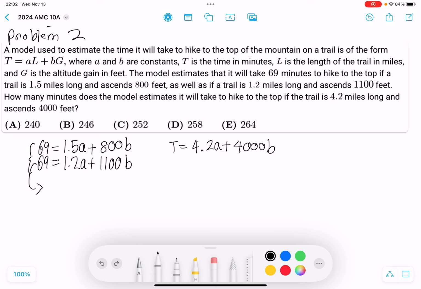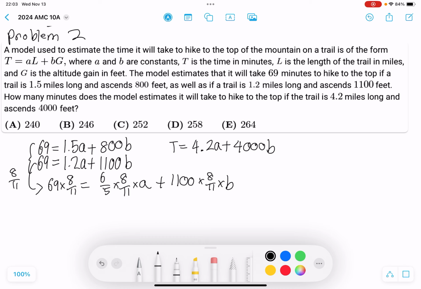No, wait, sorry, wrong thing. 8 over 11. So we have 69 times 8 over 11 equals 6 over 5 (that's 1.2) times 8 over 11 times A, plus 1,100 times 8 over 11 times B.